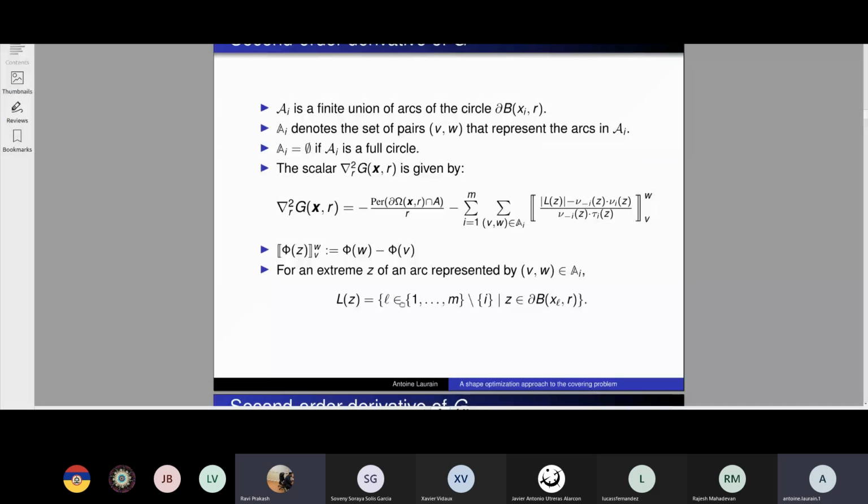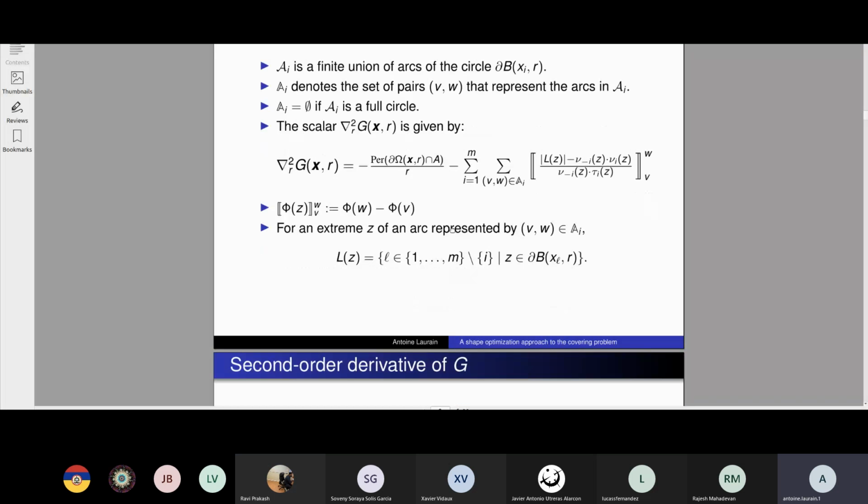So when you have a circle B_i, then you need to check which other circles are intersecting it, and then you will put the indices of the intersecting disk inside this L of z. Okay, so this norm of L of z is just equal to 0 or to 1, depending on the case.